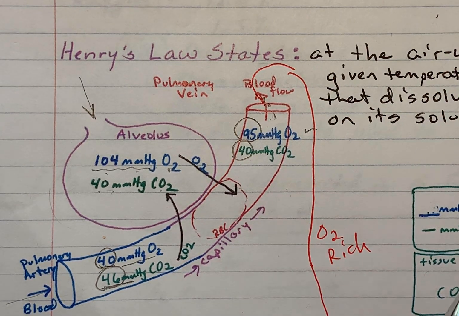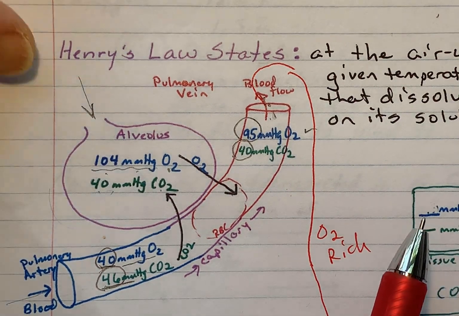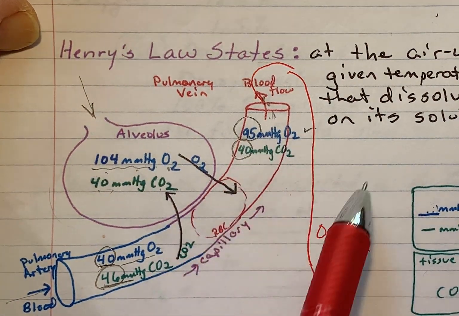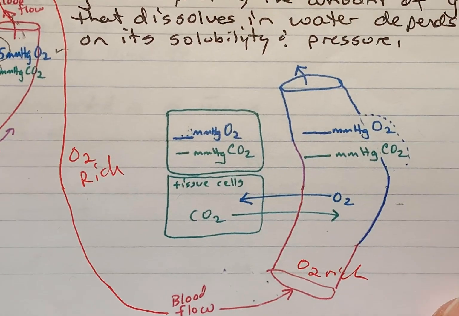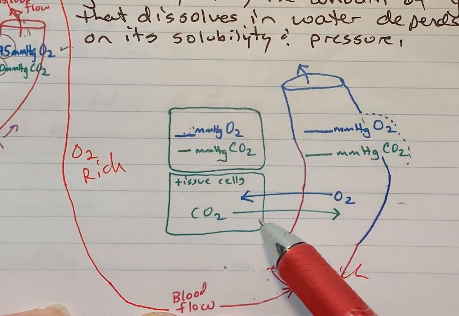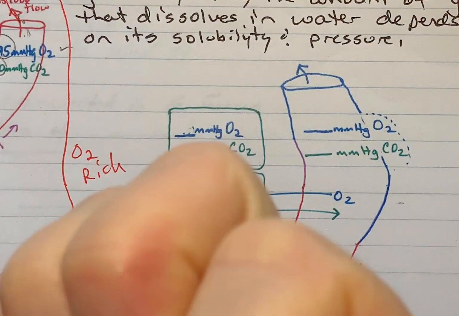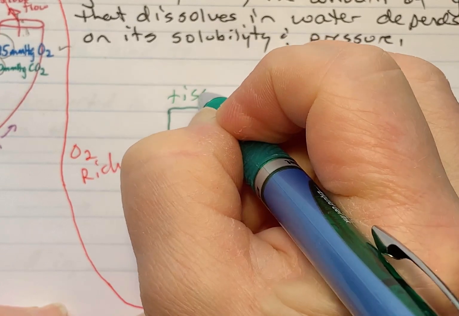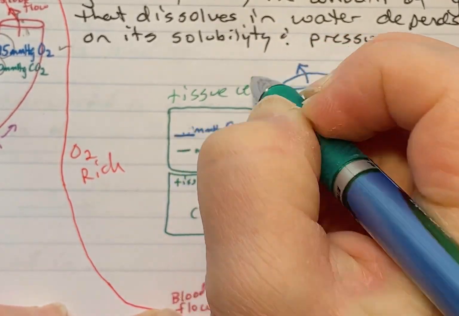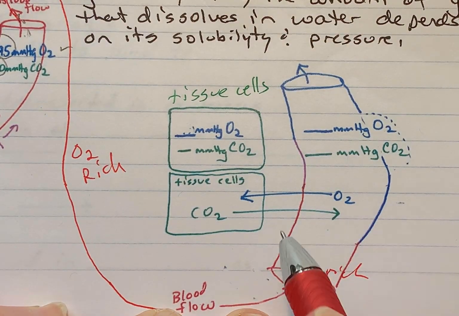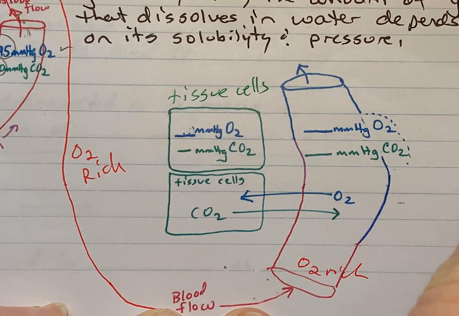It's only 40 millimeters of mercury of CO2. Now, I've probably gone off screen, so I pull it down, and here we go. Now, you just got this oxygen. These are tissue cells, all right? Our whole goal is to bring the oxygen to the tissue cells all over the body, okay?